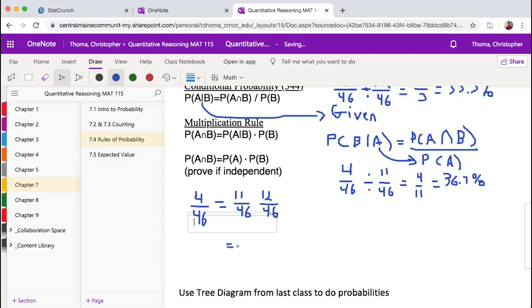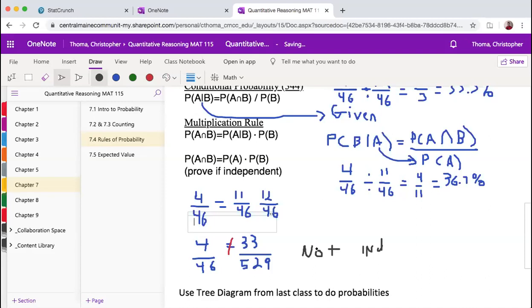This equals 33 over 529. This is 4 over 46. Those two fractions do not equal each other. So therefore, these two events are not independent.